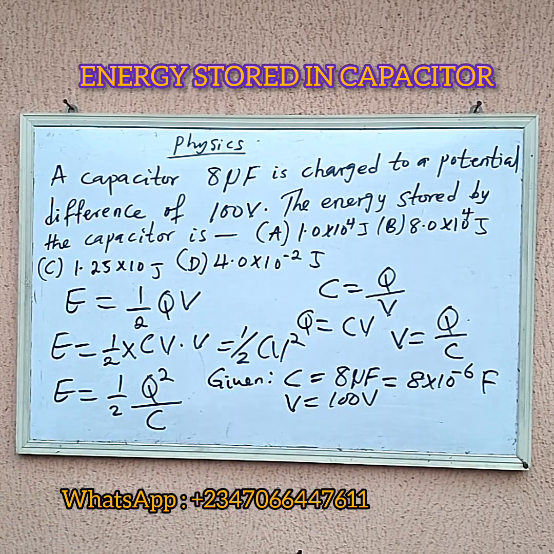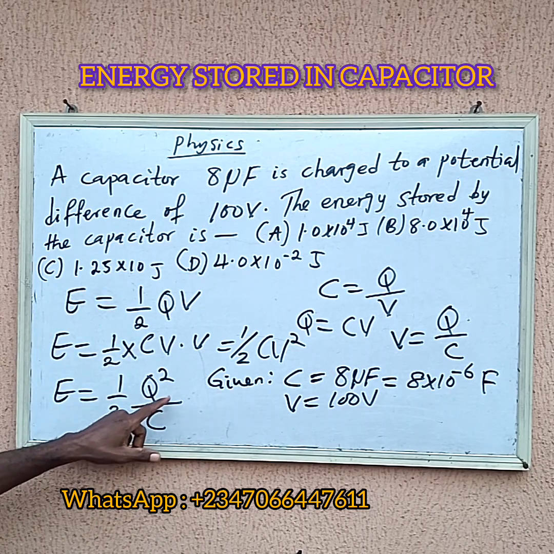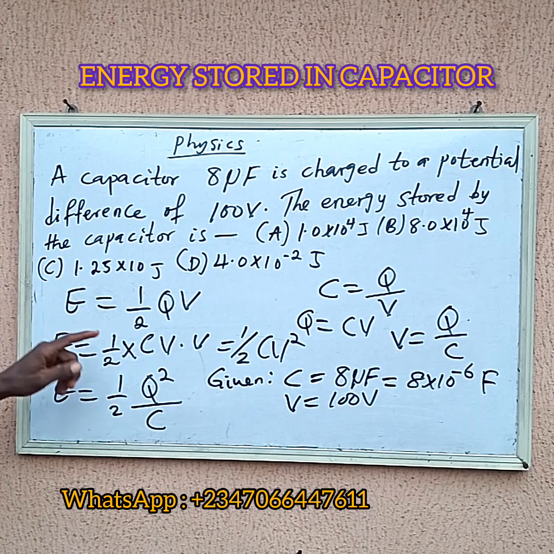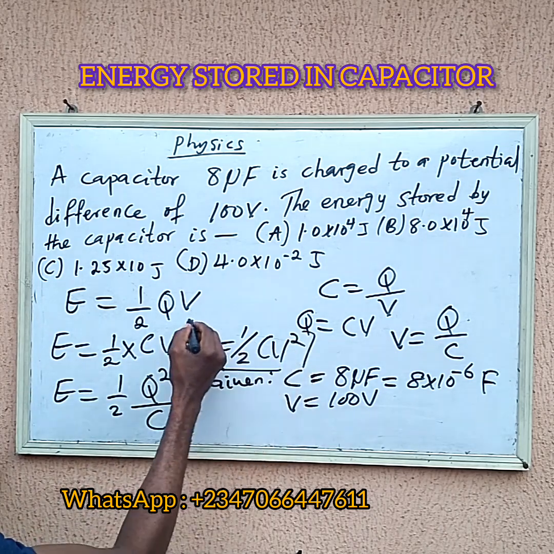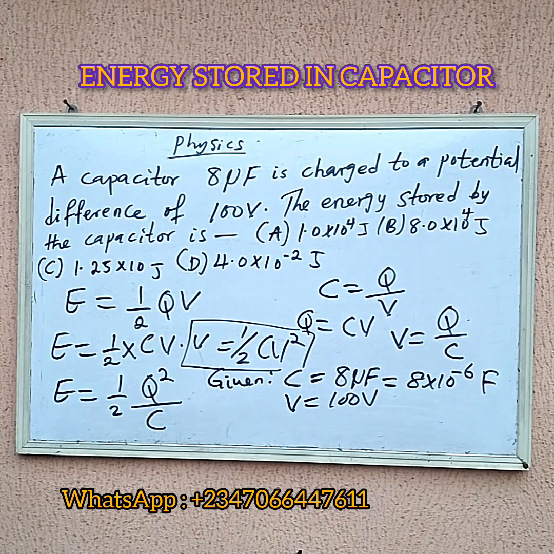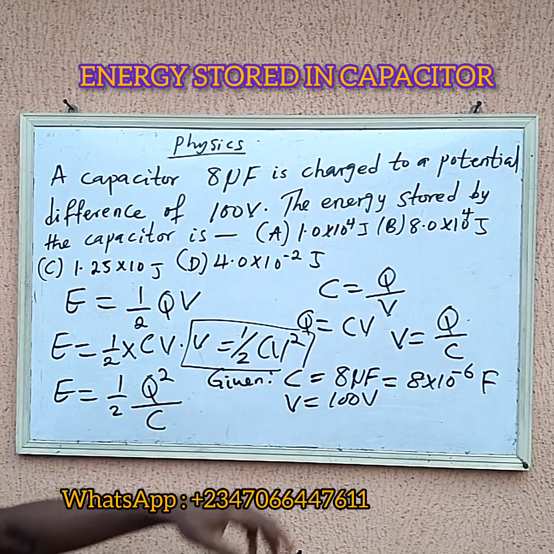Now, let us look at which of these three formulas we are going to use. Since the quantity of charge is not known, we ignore this one. Secondly, look at this one. This is the one we are going to use, good, because capacitance is given to us and the volts is also given to us.